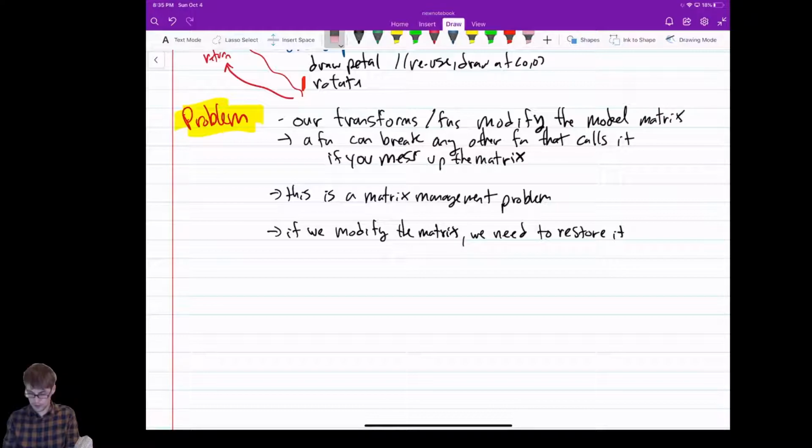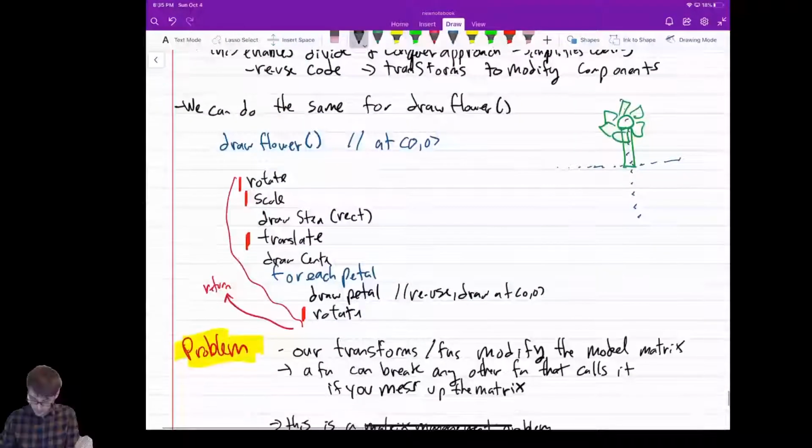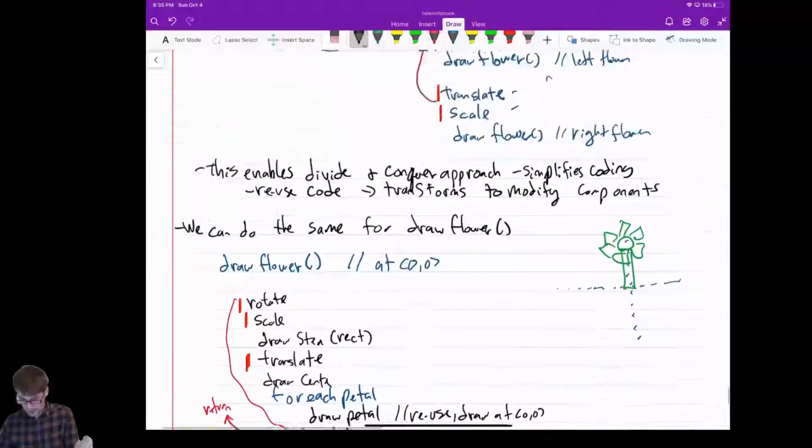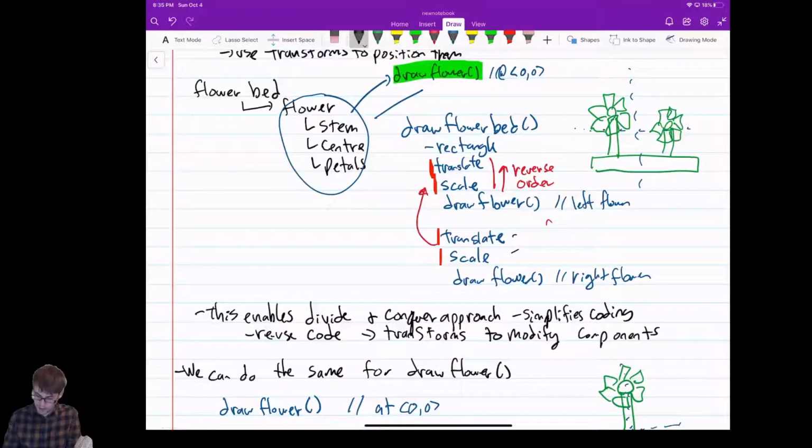We restore it to its previous state, when we're done, right? So back up here, in draw flower, we should restore the matrix back to where it was. And then if we do that, then in draw flower bed, calling draw flower won't matter because it restored the matrix. It didn't mess up our matrix.